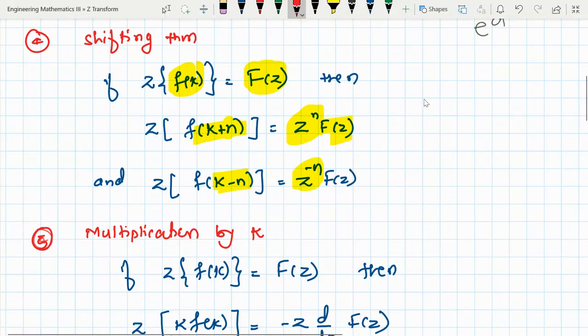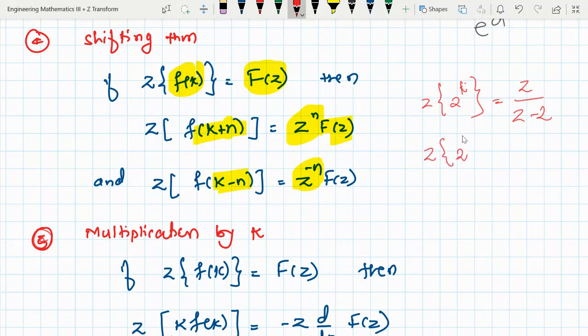Suppose we have to find the Z transform of 2 raised to k. As we have seen, it is z upon z minus 2. In the previous video we have seen this. But what happens if instead of k there is 2 raised to k plus 3?